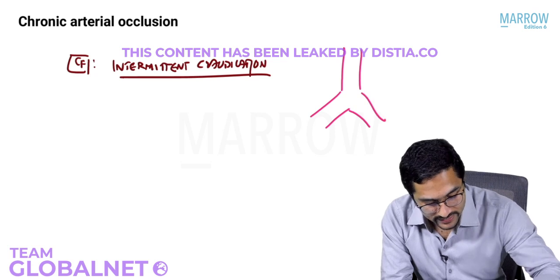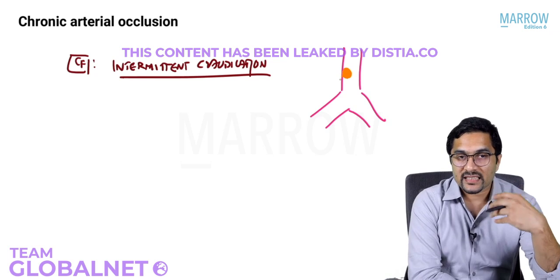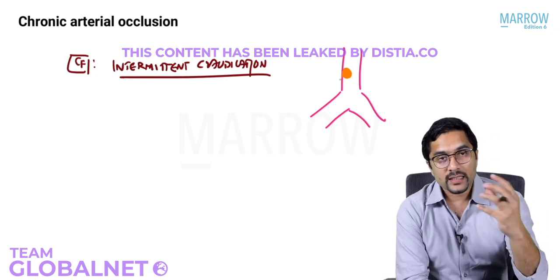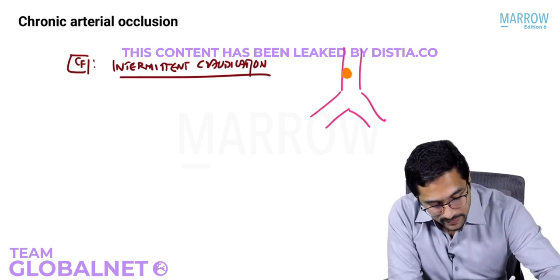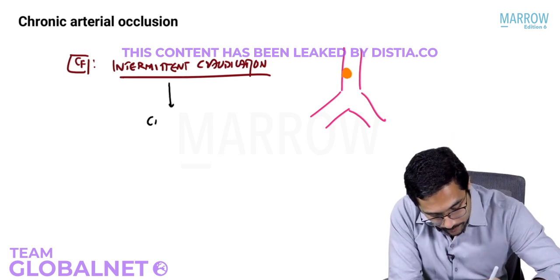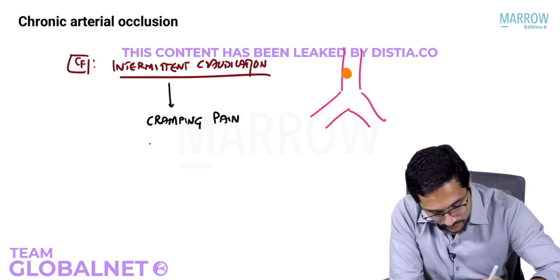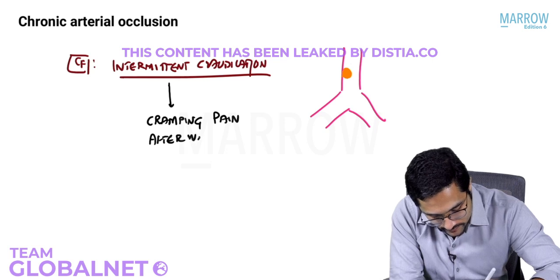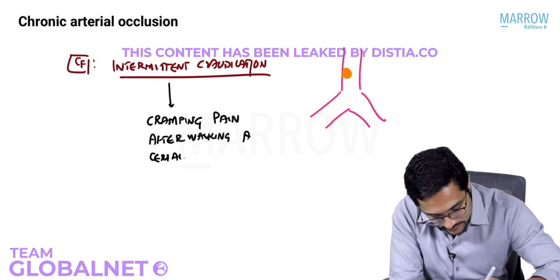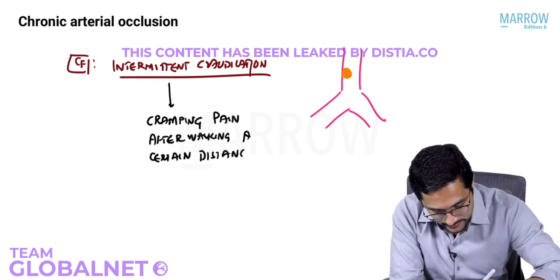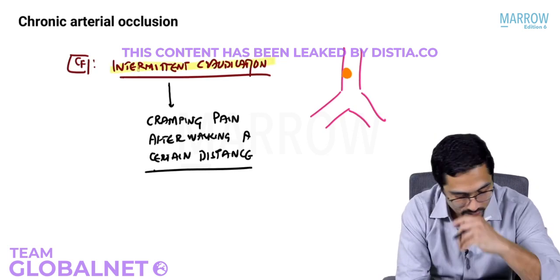But when these patients start exercising or they start walking, then the blood supply to the muscles distal to the block is reduced. And these patients are going to come with cramping pain. This is cramping pain after walking a certain distance. And this is known as intermittent claudication. This pain is known as the pain of intermittent claudication.